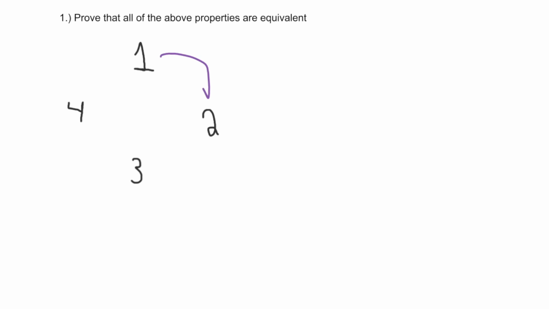So if I can prove that 1 implies 2, 2 implies 3, 3 implies 4, and 4 implies 1, then I've completed a chain that goes all the way around and proves all these properties are the same. You can't just prove the 4 from each other, they have to form a closed cycle like this.